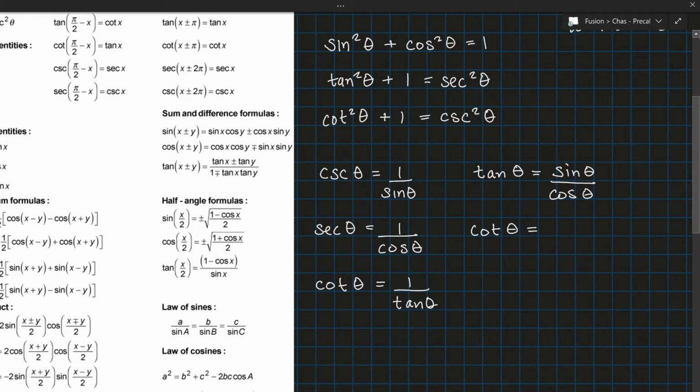Or wait, actually, think about it. If tangent is this, then what is cotangent in terms of tangent? 1 over tangent. So it's 1 over sine over cosine, which would mean you would just flip it. Oh, cosine over sine. Right. Cosine over sine theta. Good.